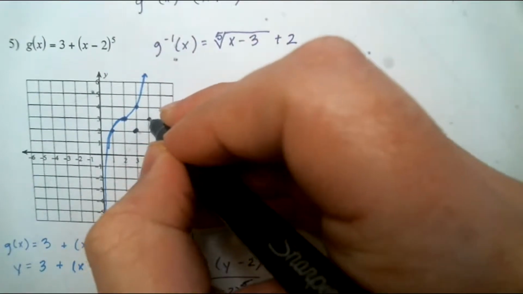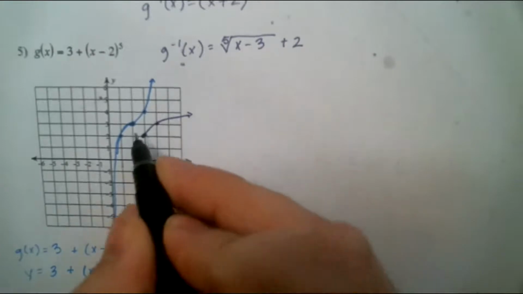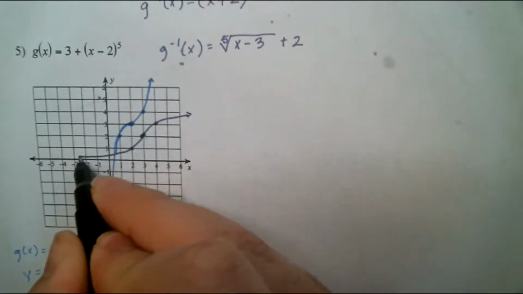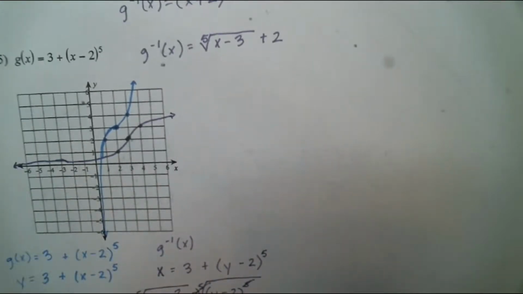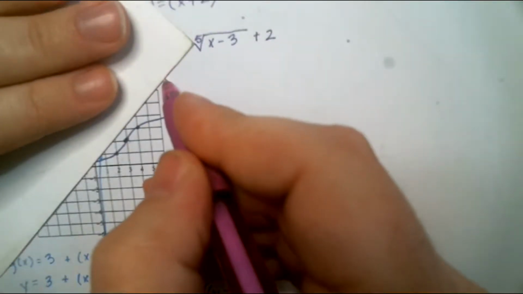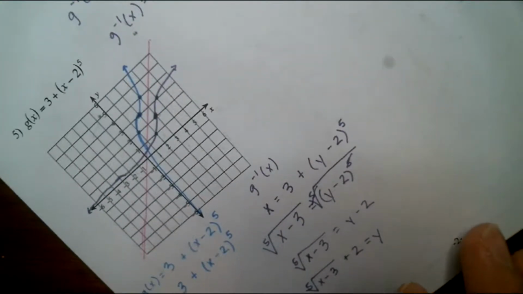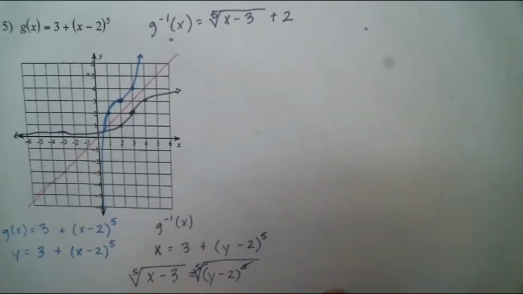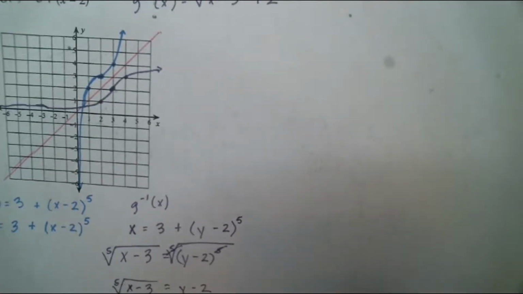And then I just need to make that right there and go like that. Looking something like that. I draw my y equals x line. You don't have to draw this, it just helps you make sure, okay, I got a reflection across the y equals x line.